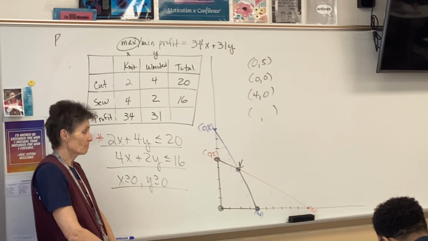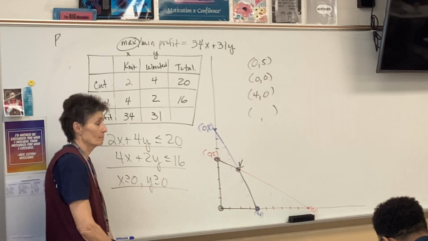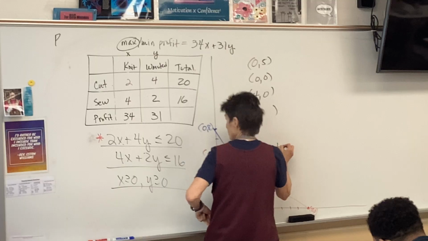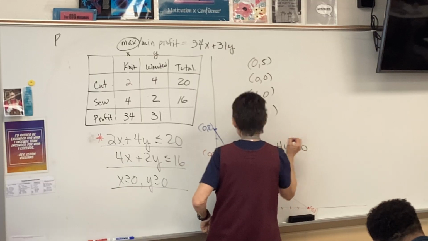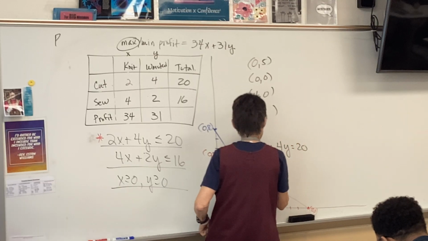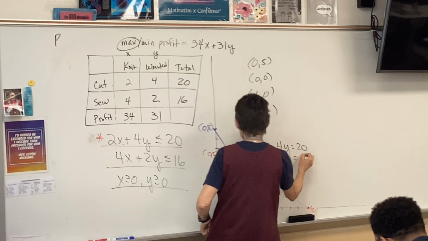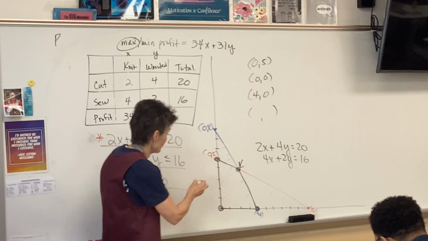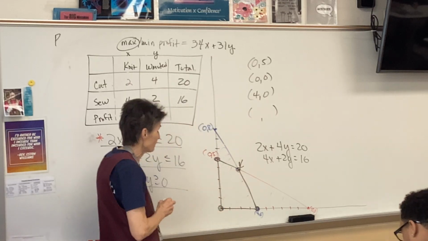How do I find this something? Take my two equations. 2x plus 4y equals 20, and 4x plus 2y equals 16. I turn them into equals when I do this, because I'm just doing the lines now, not the shading.